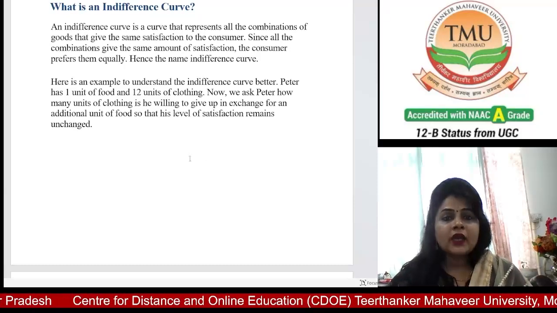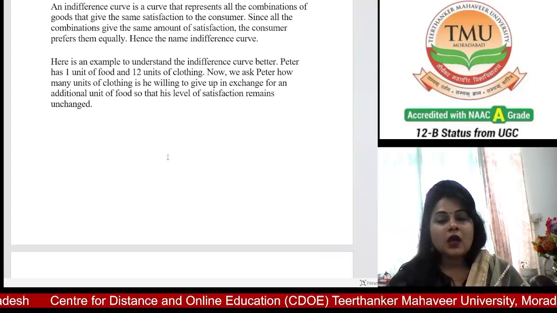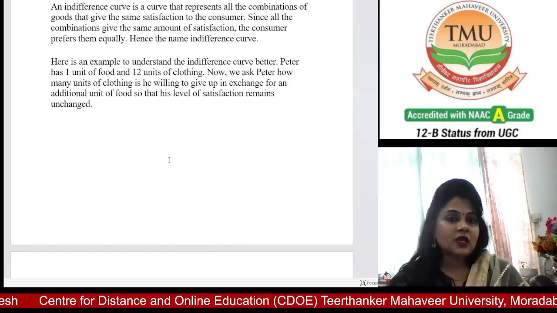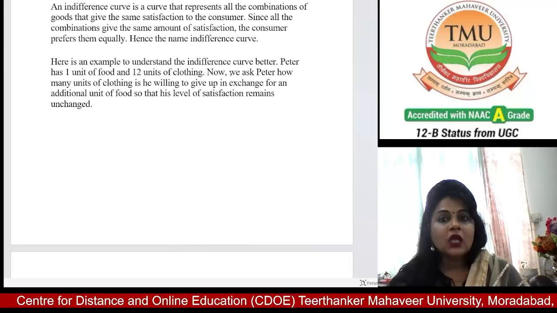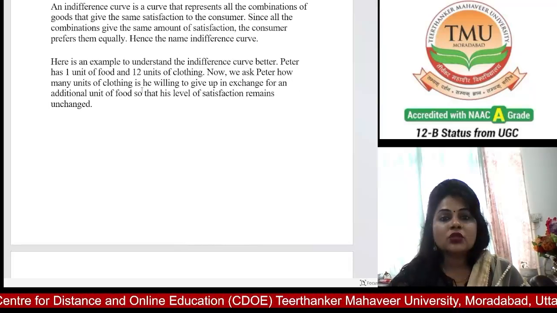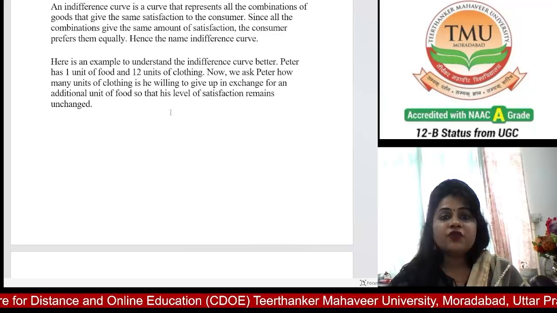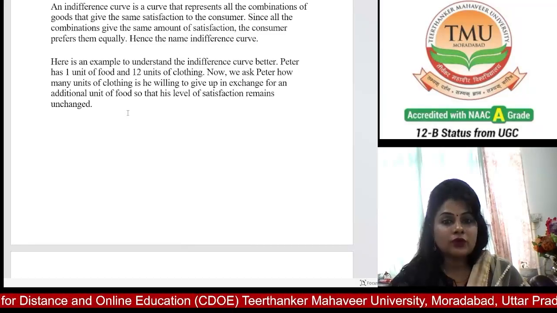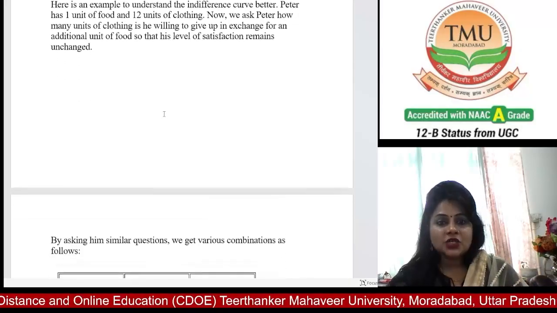Here is an example to understand the indifference curve better. Suppose Peter has 1 unit of food and 12 units of clothing. Now we ask Peter how many units of clothing he is willing to give up in exchange for an additional unit of food, so that his level of satisfaction remains unchanged.